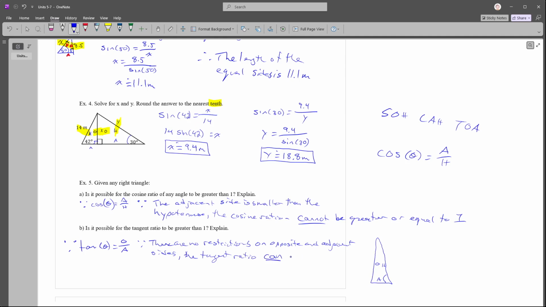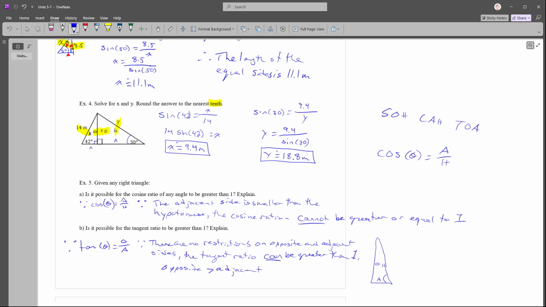It doesn't mean it always will be, but it can be greater than 1. Basically, whenever your opposite is greater than adjacent, you'll get a value of greater than 1.